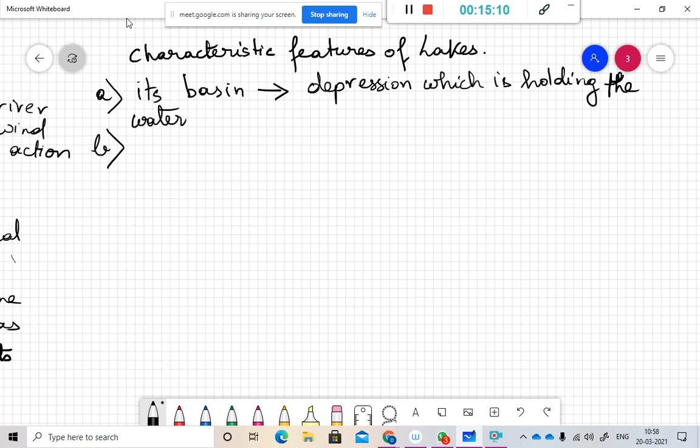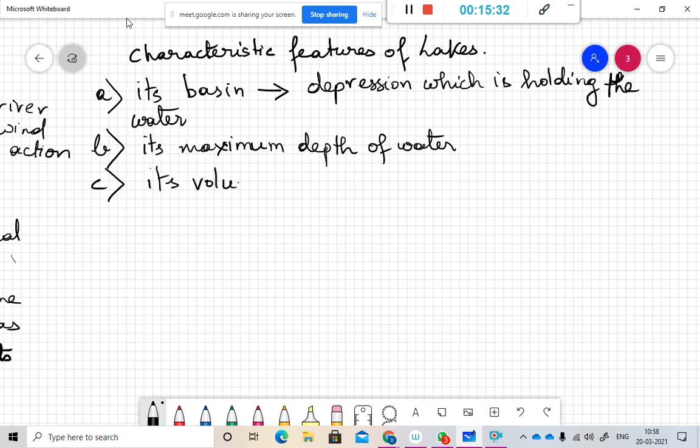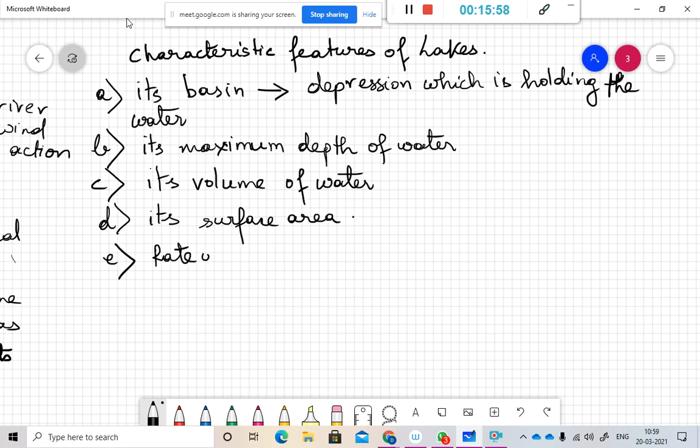It is also characterized by its maximum depth of water, its volume of water, its surface area, and the rate of inflow and outflow of water, that is, how much water is coming in and going out.